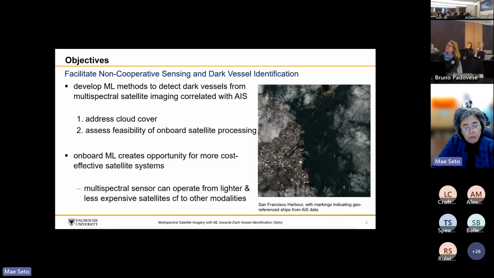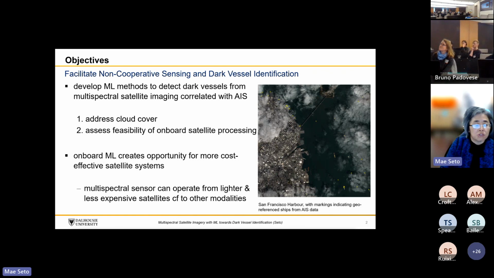The gold standard for looking through clouds is using radar, so like your radar sats and other large satellites, but the revisit rate is very low, on the order of once every week or so. So the frequency is higher with other methods. So the ability to look through cloud cover could be done through multispectral imagery.